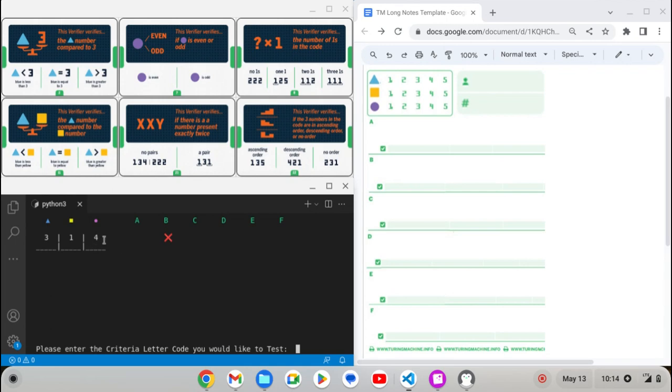So circle is not even, it must be an odd digit. I'm going to go into my notes and write down that circle is an odd digit. That means I can go up here and eliminate all the evens, so it can't be a 2 and it can't be a 4.